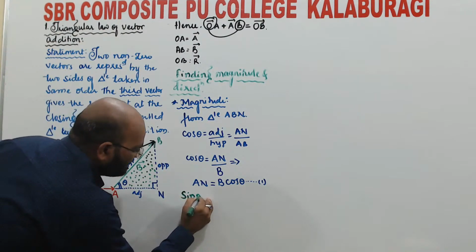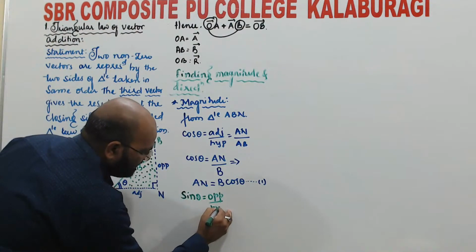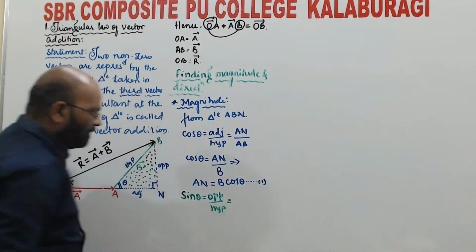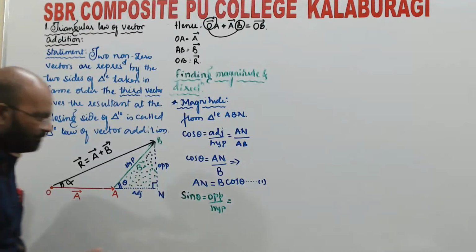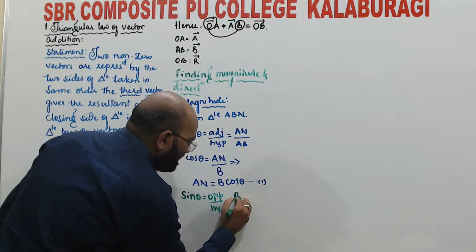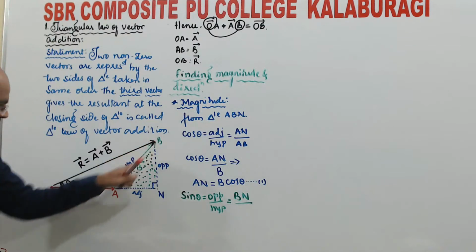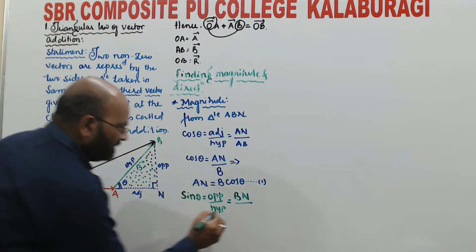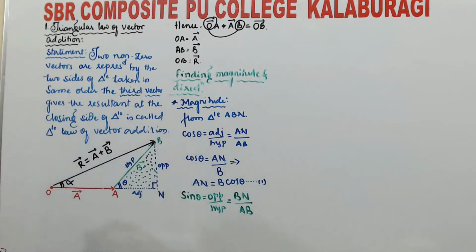Sin theta is equal to opposite side by hypotenuse. Which is the opposite side you get? BN. BN is the opposite side. Then hypotenuse once again is AB. Then make a cross multiply.